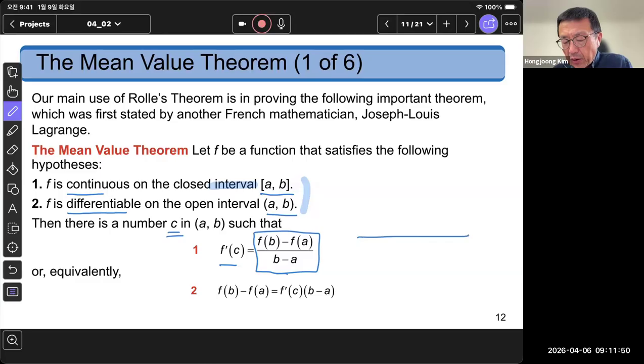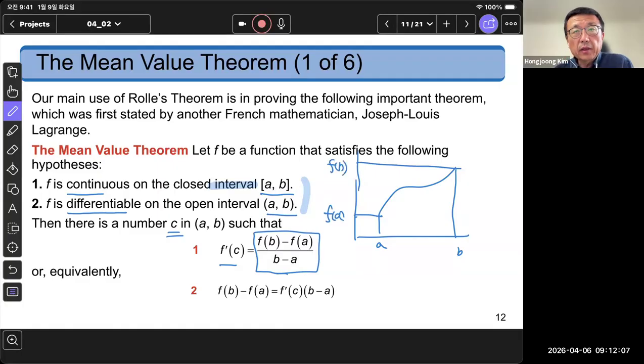Previously, when I have a function from, say, A to B, then here is f of A and here is f of B. Then the ratio on the right, f of B minus f of A over B minus A. What does it represent?